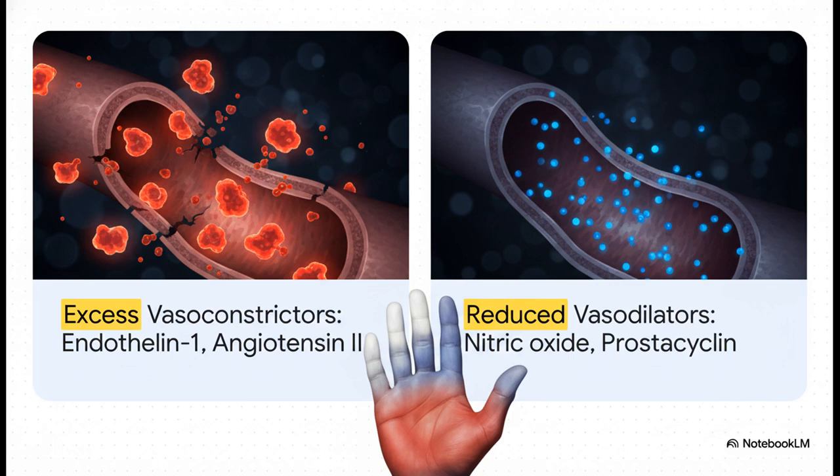They start releasing way too many powerful vasoconstrictors, like endothelin-1 and angiotensin-2, while sharply dropping the production of vasodilators like nitric oxide and prostacyclin. This severe imbalance clamps the vessels down in persistent vasospasm. Clinically, you'll see this as Raynaud's phenomenon, where fingers turn strikingly white, then blue, then red because they are literally starved of blood flow.